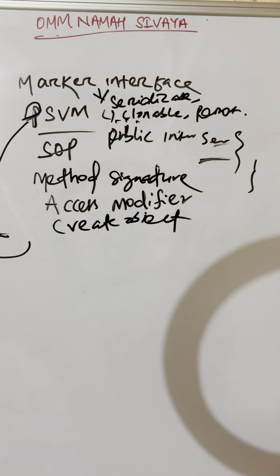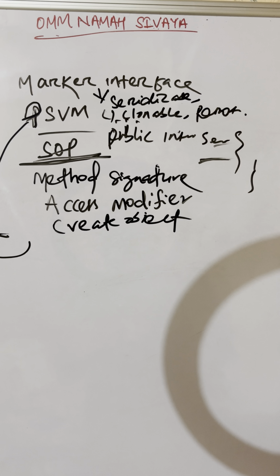SOP is nothing but sysout, system.out.println. So what is the purpose of that? System means it is inside the System class. Suppose I have declared System.out.println. System is a final class of java.lang. Out is a static member.